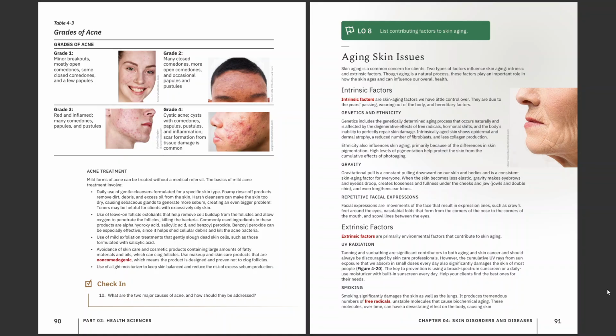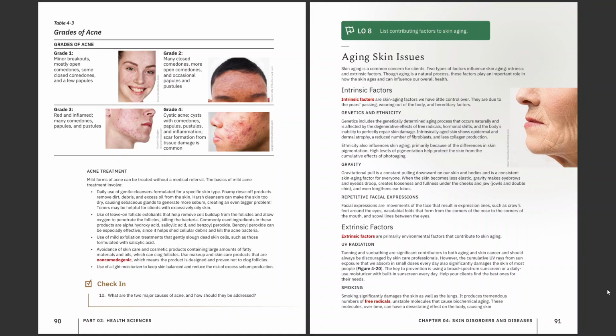Use of mild exfoliation treatments that gently slough dead skin cells, such as those formulated with salicylic acid. Avoidance of skincare and cosmetic products containing large amounts of fatty materials and oils, which can clog follicles.